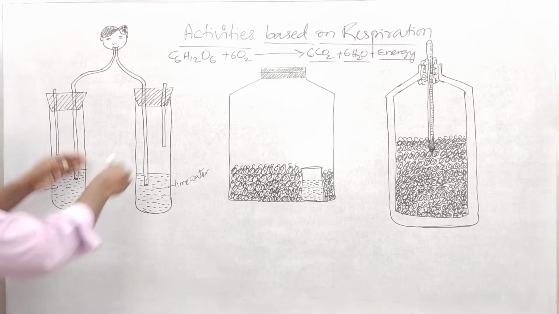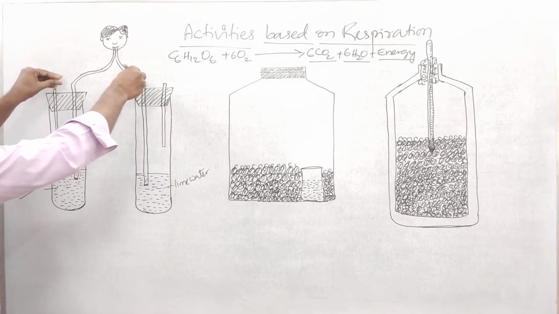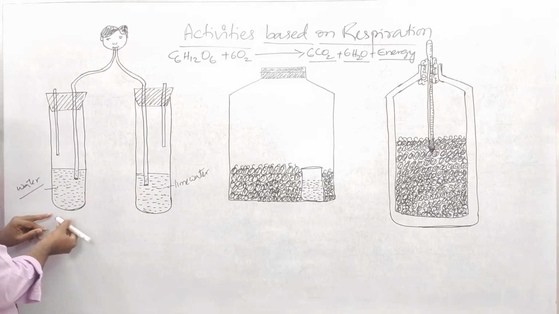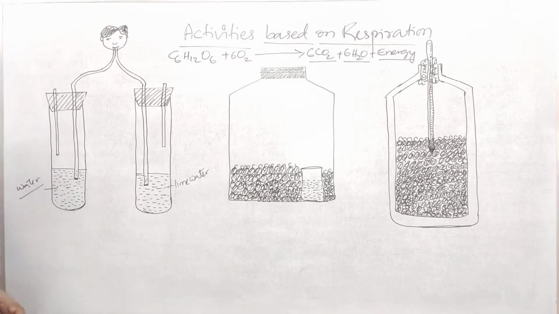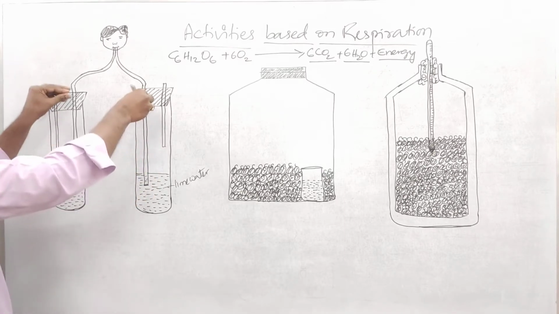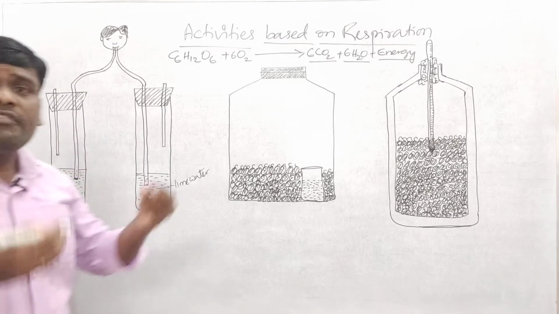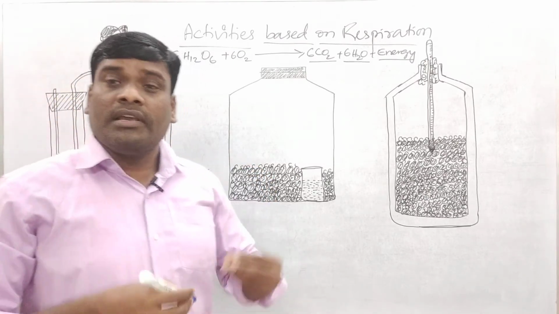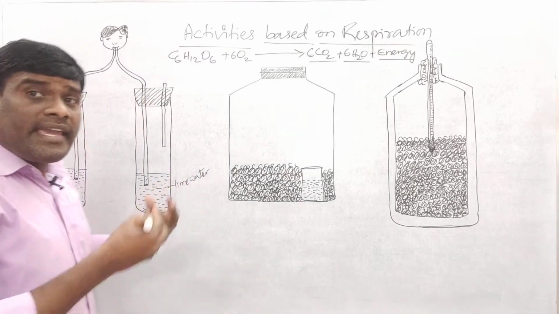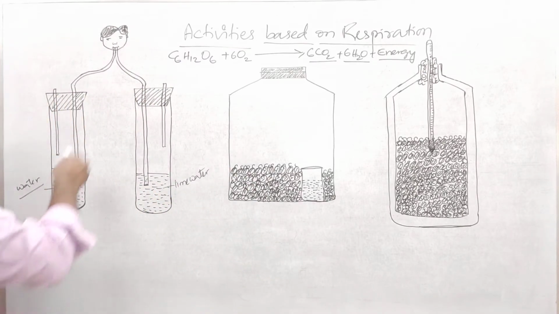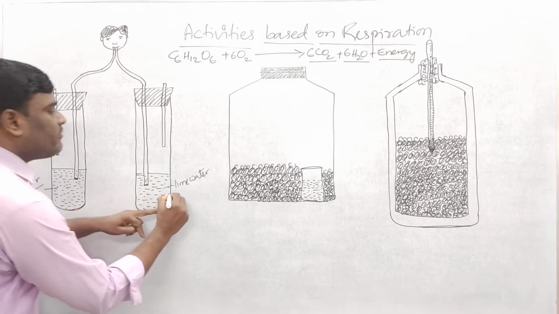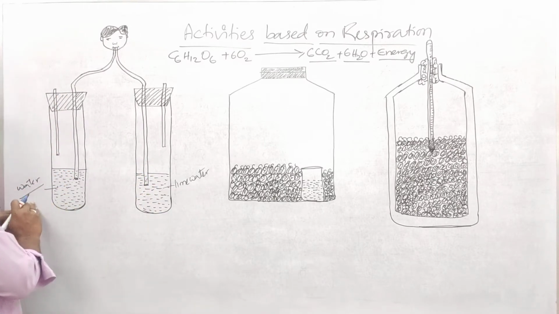and see that 2 pipes are inserted, one into the lime water and the other into the water in the other test tube. When these pipes are kept in the mouth and we blow air into these pipes, children, the air which we breathe out enters into these 2 tubes and finally reaches the lime water as well as the water in the other test tube.